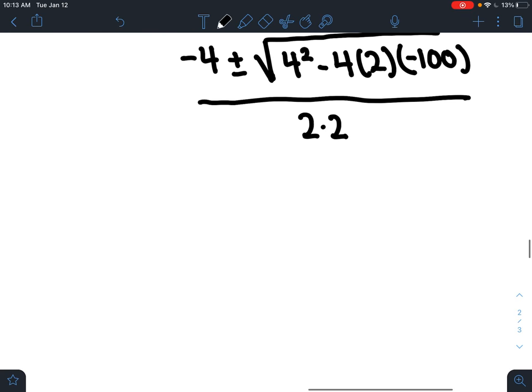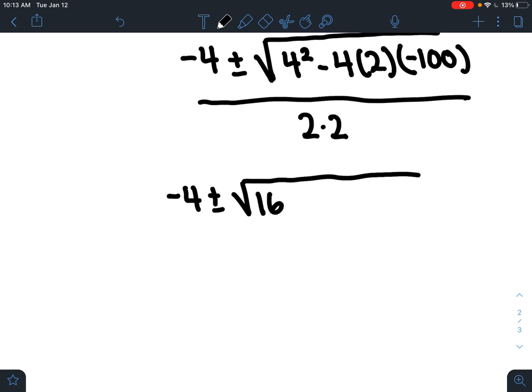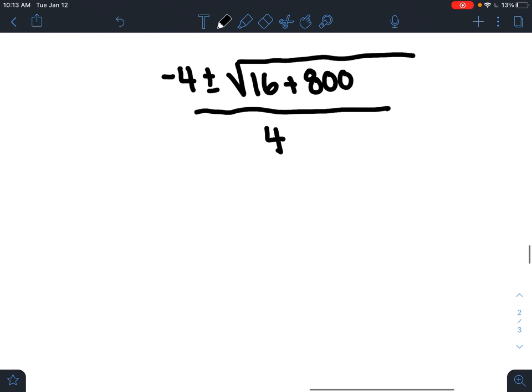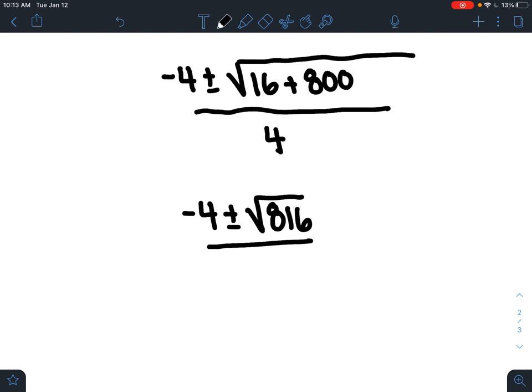So simplifying underneath that radical, I'm going to get negative 4 plus or minus the square root of 16. And now I'm going to multiply negative 4 times 2 times negative 100, and I'm going to get 800. So that becomes plus 800 all over 4. I'm going to add the 16 and the 800, and I'm going to get negative 4 plus or minus the square root of 816 all over 4.